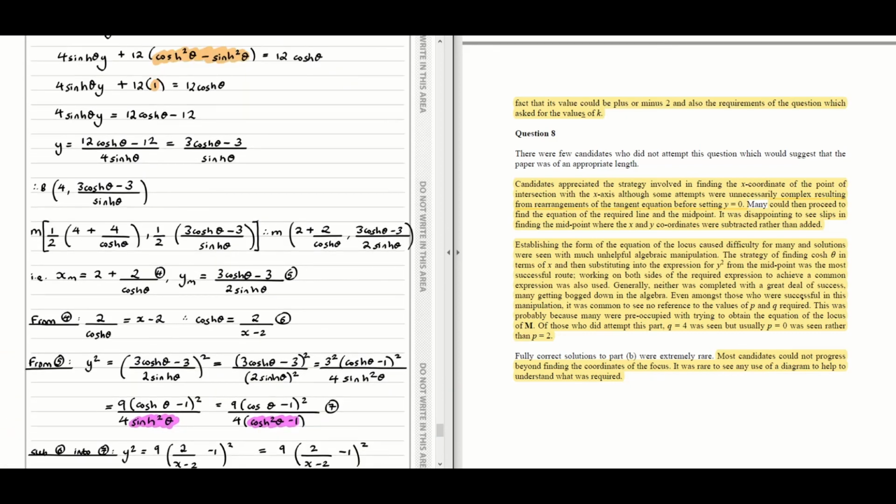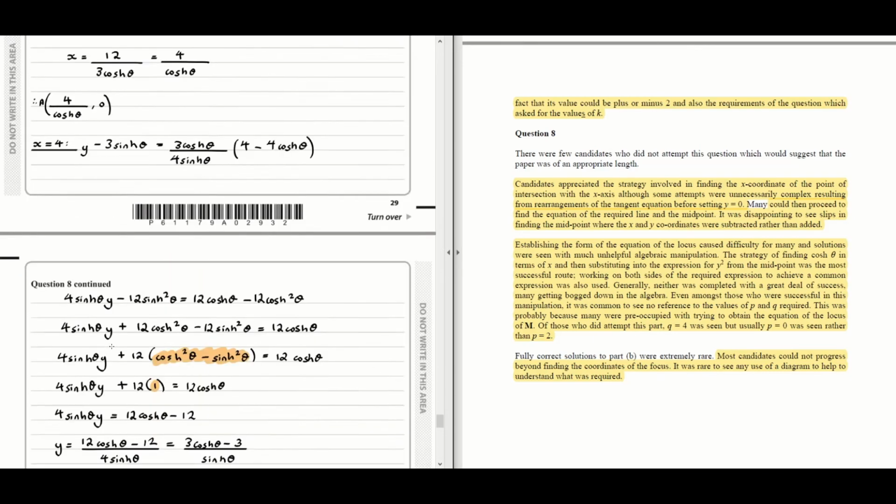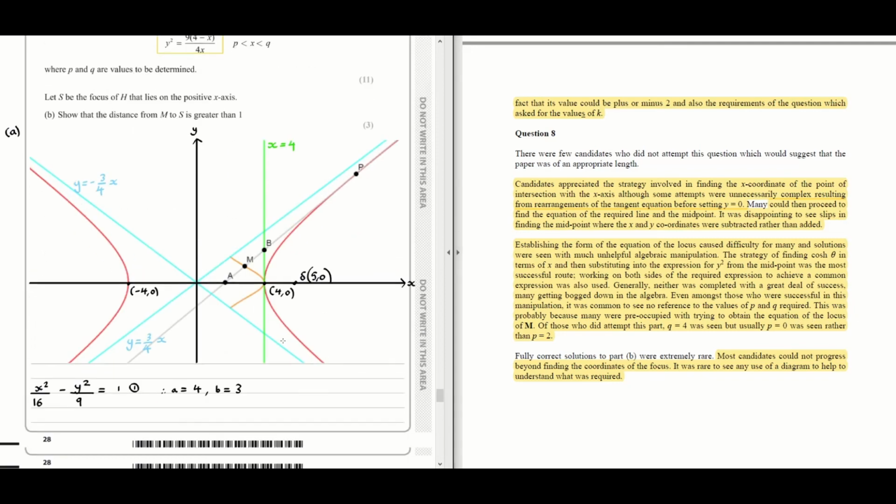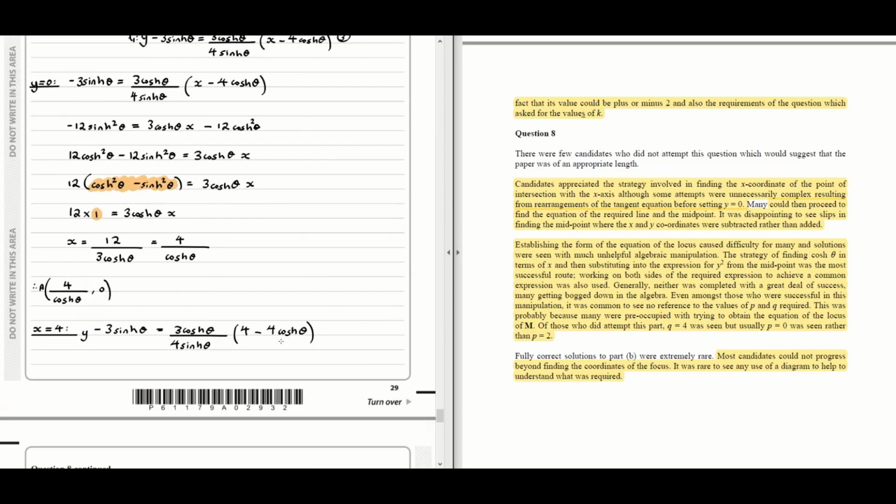Even among those who were successful in this manipulation, it was common to see no reference to the values of P and Q. So remember, if you go back, the question did say P and Q are values to be determined. This was probably because many were preoccupied with trying to obtain the equation of the locus of M, so probably just forgot.